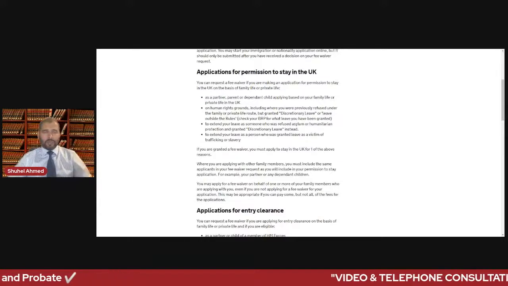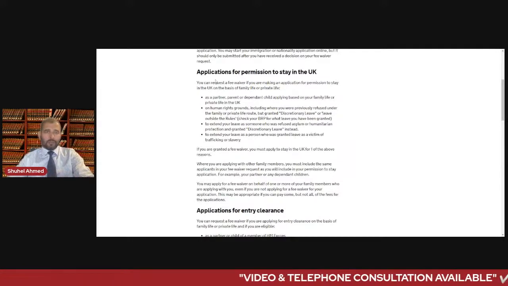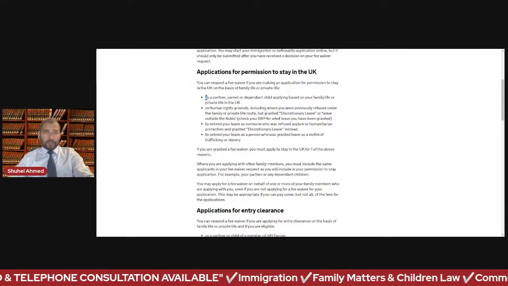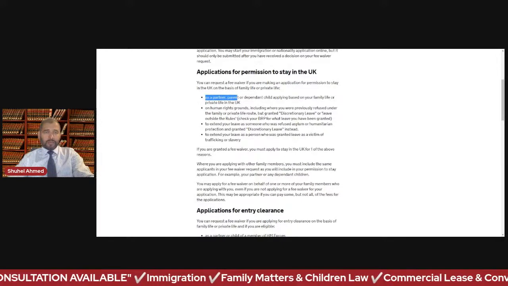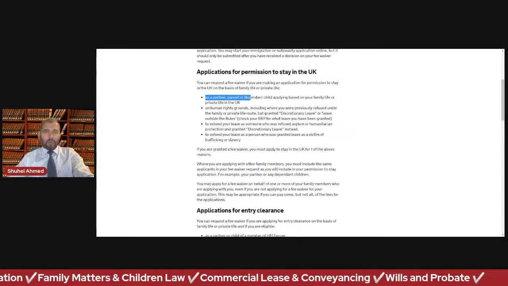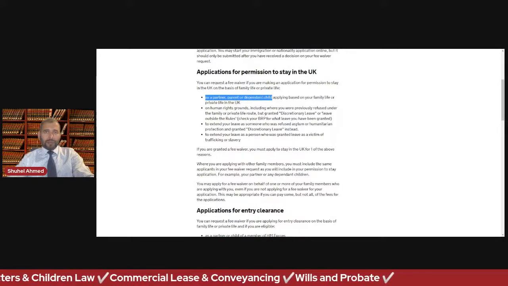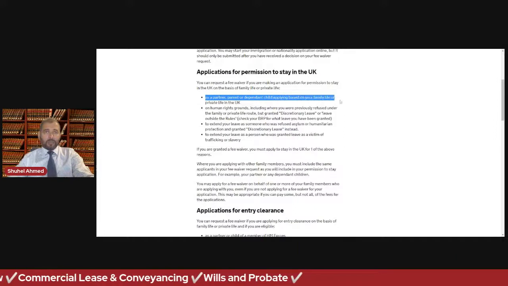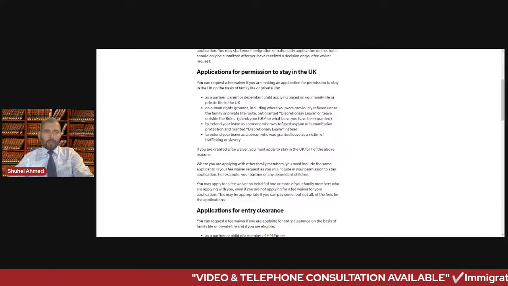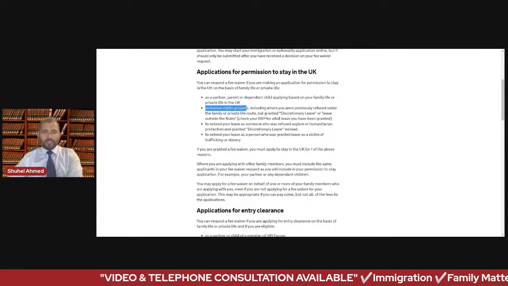If you want to make an application for leave to remain in the UK on the basis of, for example, being a partner, a parent of a British child who is settled in the UK, or a dependent child, based on your family life or private life in the UK, you can make an application for fee waiver or NHS fee exemption, or on any human rights ground. So this is very wide.